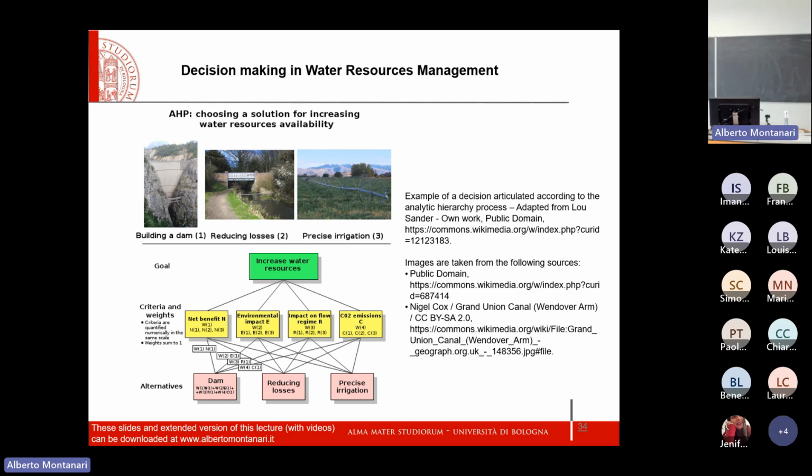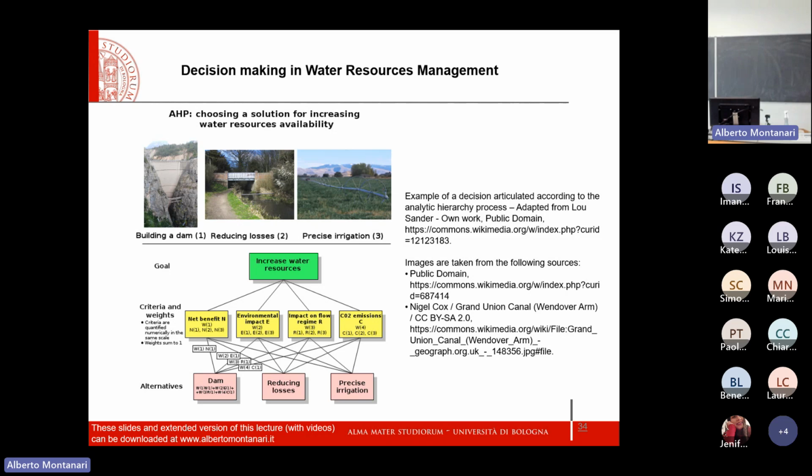And therefore, I can multiply W1, the weight for criterion 1, times N1, net benefit for the dam. And this gives me a first contribution to the overall score for the dam. Weight 1 for the net benefit of the dam gives the first score for the dam.